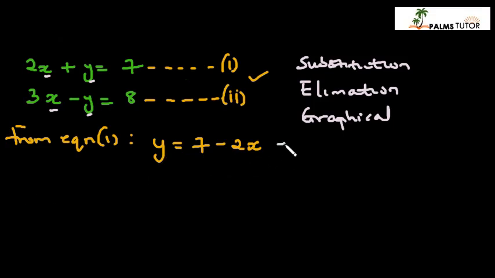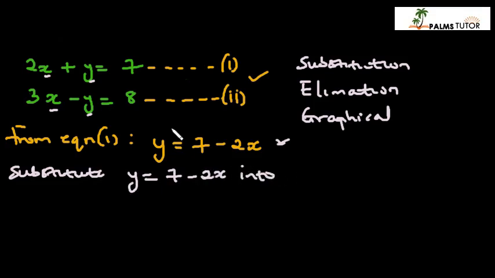Next step. What you need to do now is to substitute the value. Substitute y equals 7 minus 2x into the other equation, equation 2. So anywhere we have y, we'll substitute it with 7 minus 2x.